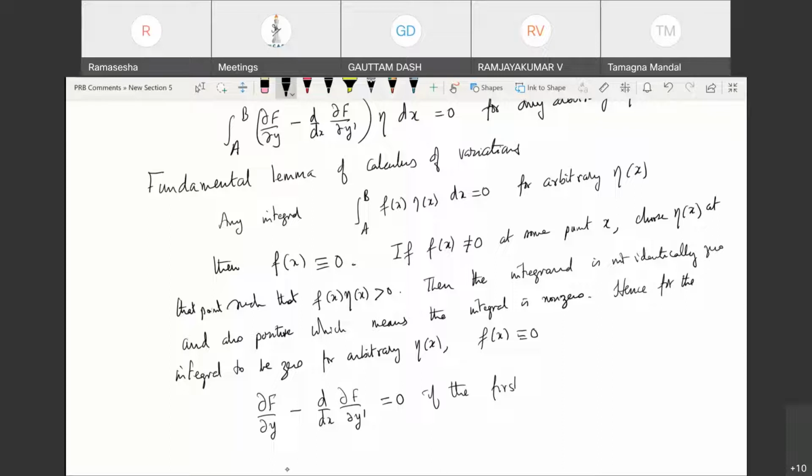Because that's what you say, the first variation is 0, and we're now getting to the second variation. The second variation should be positive if it has to be the minimum, and the second variation should be negative if it has to be a maximum. And that is simply because if you do a Taylor series expansion, the higher term is the second derivative.